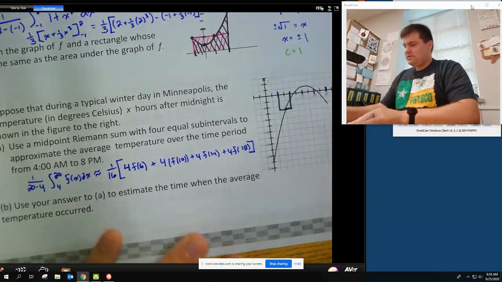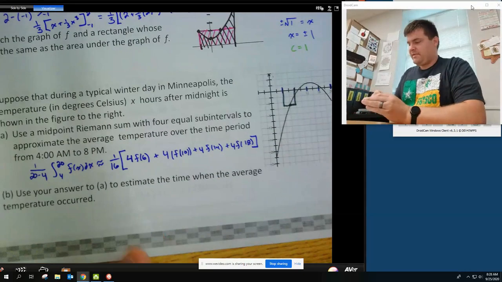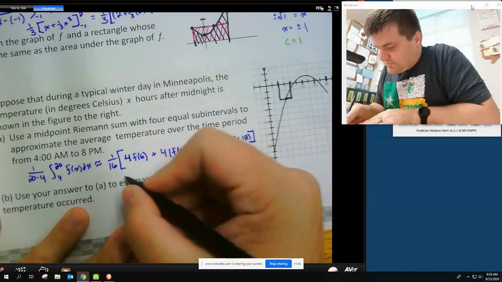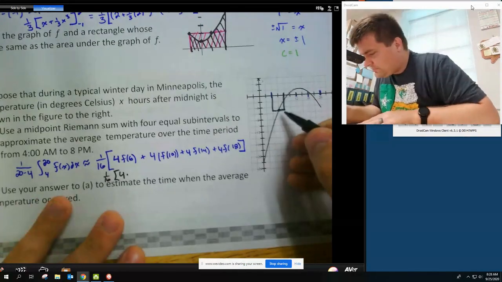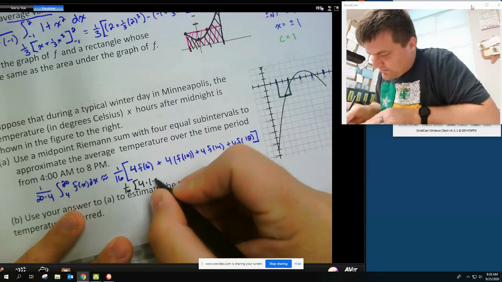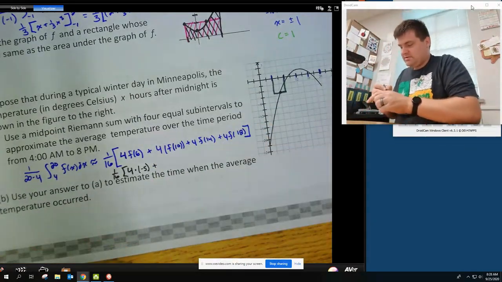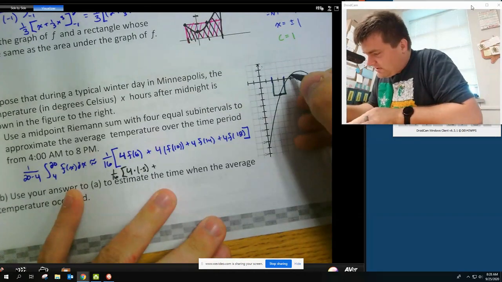Okay. So this is my first rectangle, which is the 4 times f of 6. So this would be 1/16 times 4 times, was it -5? Okay. Plus, this next one is going to be about right here.